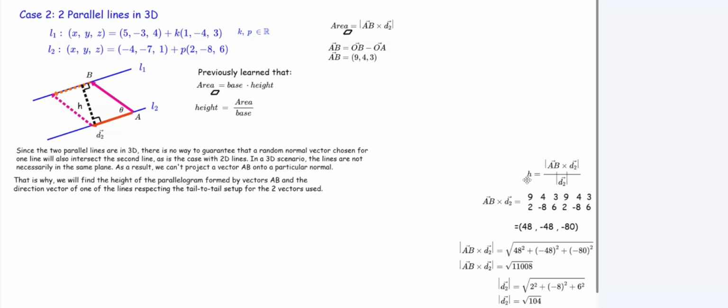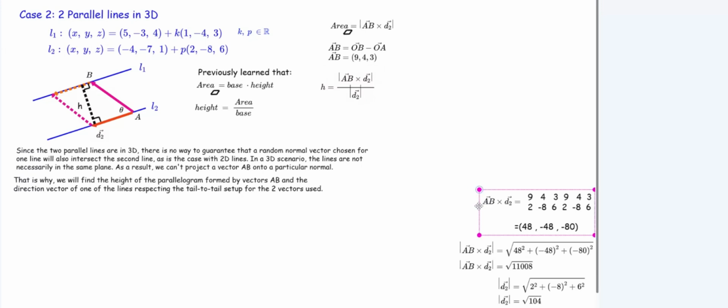Now we're going to rearrange. So the height is technically, instead of area over base, the magnitude of the cross product between AB and D2, the two vectors that form the parallelogram, divided by the magnitude of the base, which is the magnitude of vector D2.